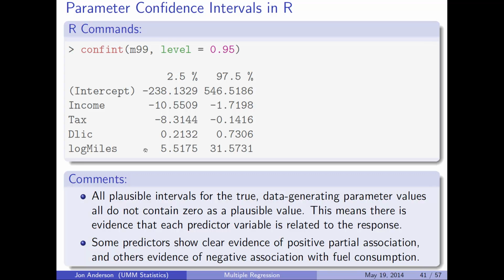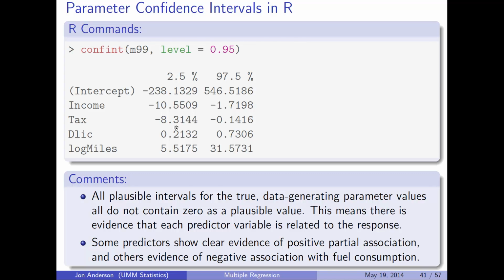What we would say about this is, because all of the plausible values for the beta 4 parameter for log miles seem to be positive, there is evidence that the true underlying data generating mechanism has a beta parameter, beta 4, that's positive, and that suggests increased fuel consumption per capita when the log miles increases. And that's how you would do a conclusion for a confidence interval.